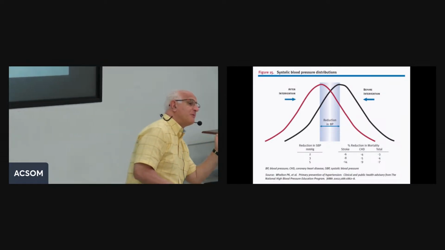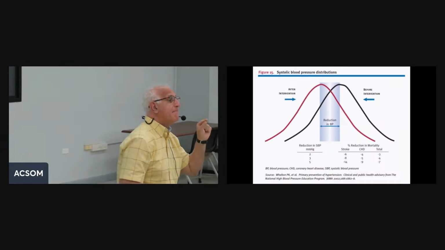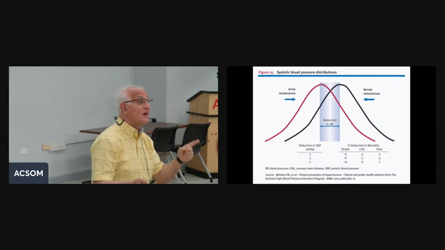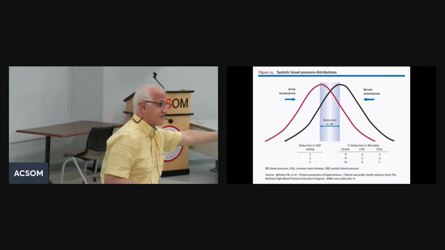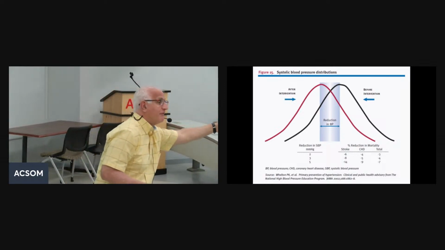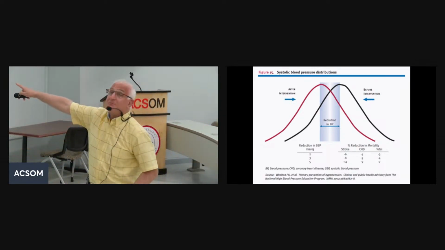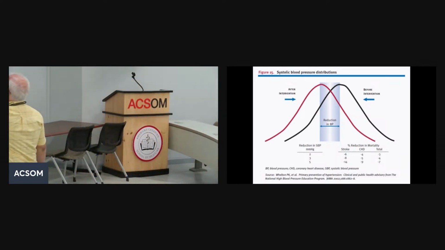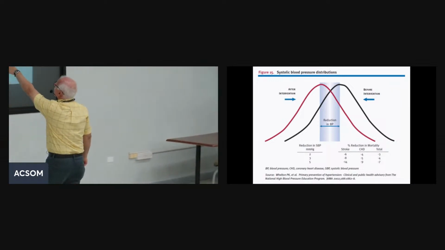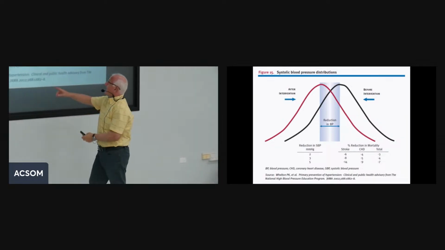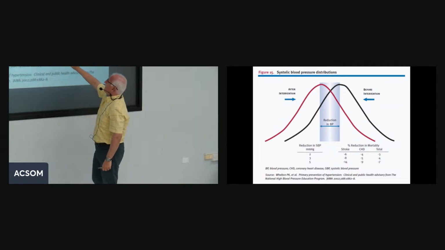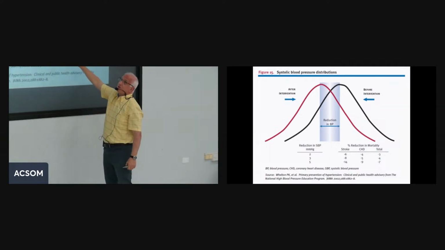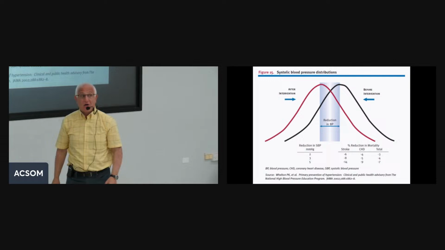All other things I told you before were the interaction. The main thing that convinces you, hey, if I want to bring down the mortality of Mr. Smith, I need to give him 5 milligrams of amlodipine, comes from this diagram. If we push the blood pressure to the left, if we reduce the blood pressure, stroke comes down, coronary heart disease comes down, in general, cardiovascular disease comes down.